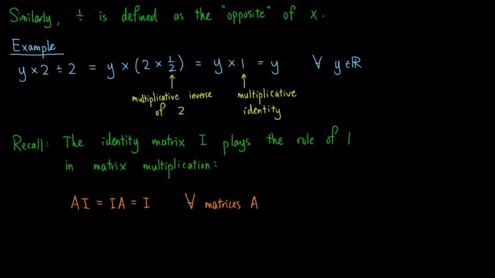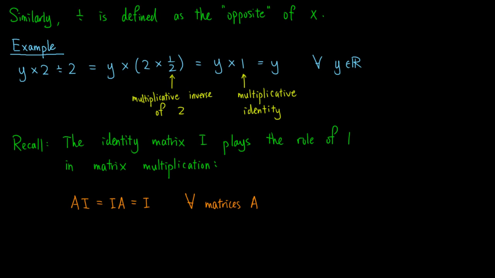So the identity matrix has the same property as 1 in multiplication. So it serves as the multiplicative identity in matrices, and that's exactly the reason why we call it the identity matrix.